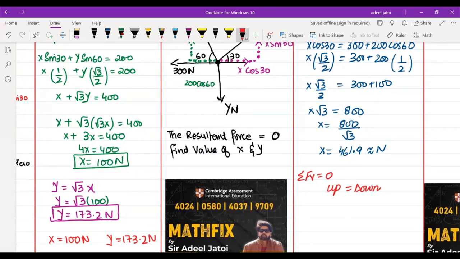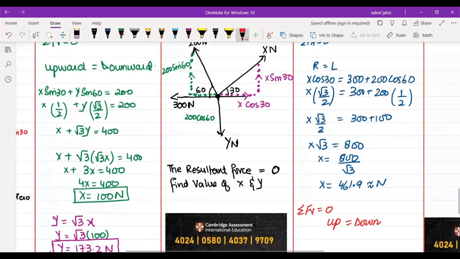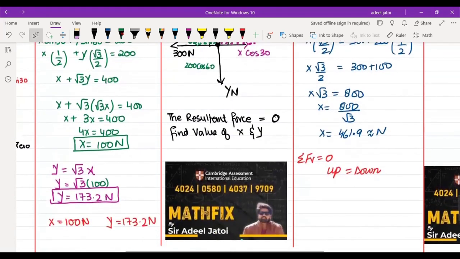So the forces acting upwards are 200 sin 60 and x sin 30. So 200 sin 60 plus x sin 30 is equal to the downward force, which is y.